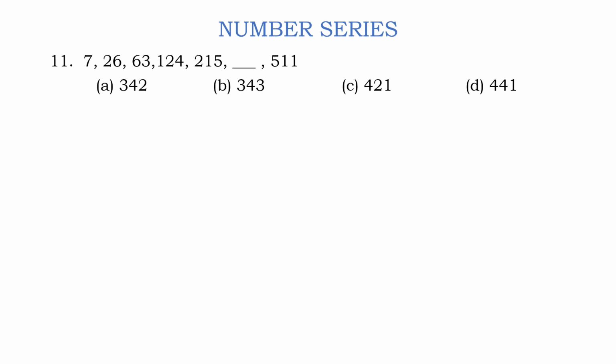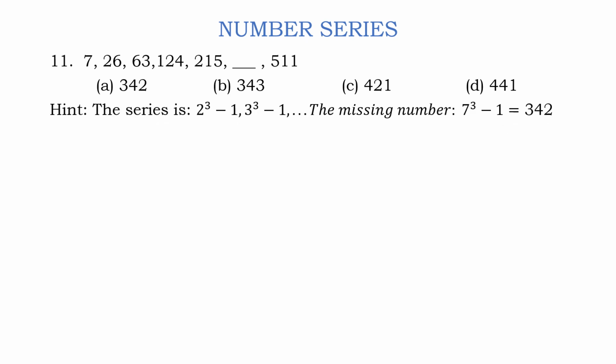So 2 cube is 8, 8 minus 1 is 7. 3 cube is 27, minus 1 is 26. 4 cube is 64, minus 1 is 63. 5 cube is 125, minus 1 is 124. 6 cube is 216, minus 1 is 215. Then this blank should be 7 cube minus 1, and this is 8 cube minus 1, 512 minus 1, 511. So 7 cube is 343, minus 1, 342. So the answer is A.